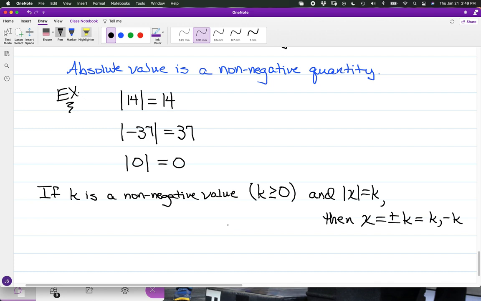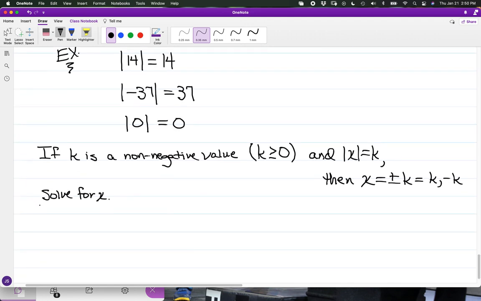Now in the case of absolute value equations, if we're looking at solving for x, say we have the absolute value of x is equal to 7.